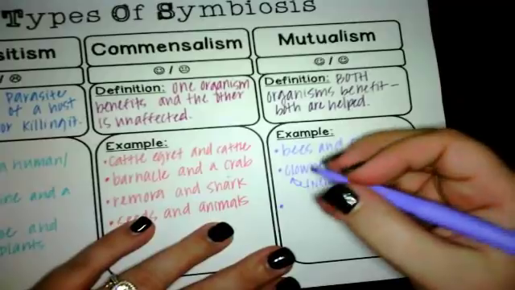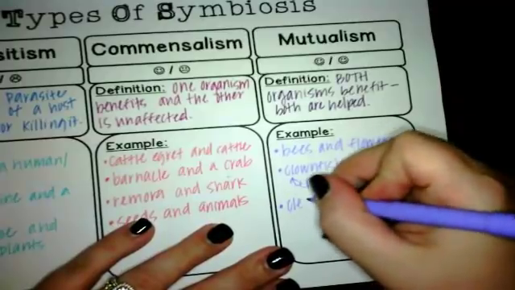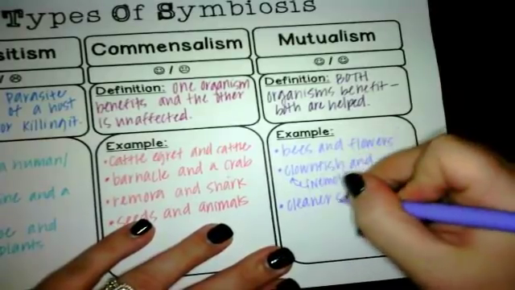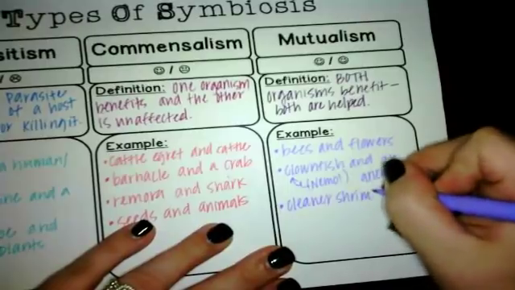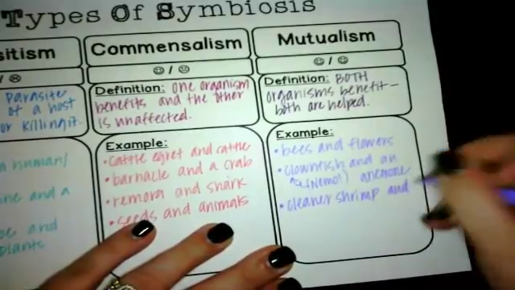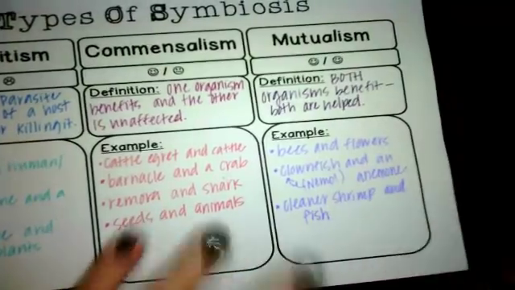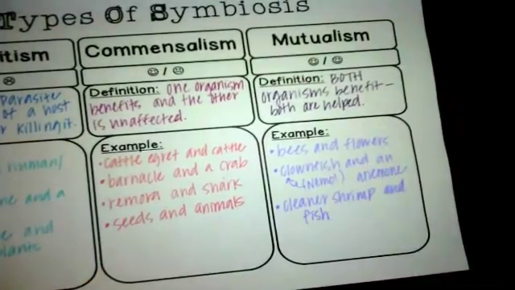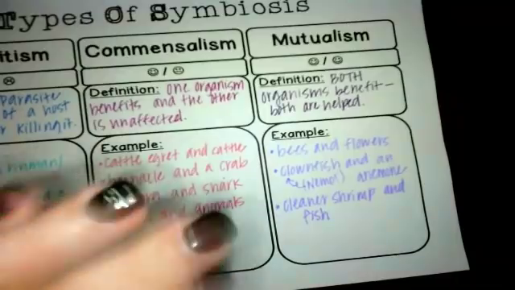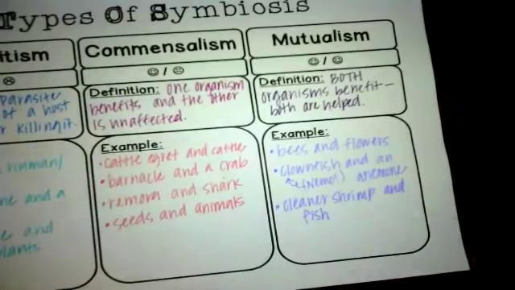All right, next, cleaner shrimp and a fish. All right, so cleaner shrimp are there to kind of scrape at things and clean things off. I'm pretty sure there's also a cleaner shrimp in Nemo.